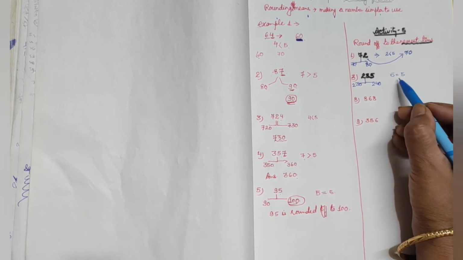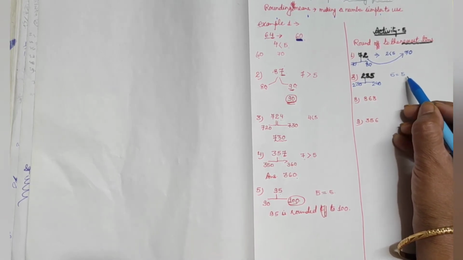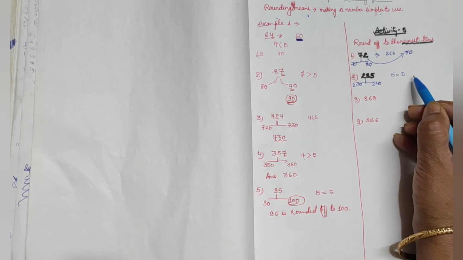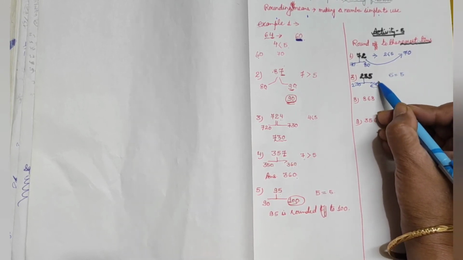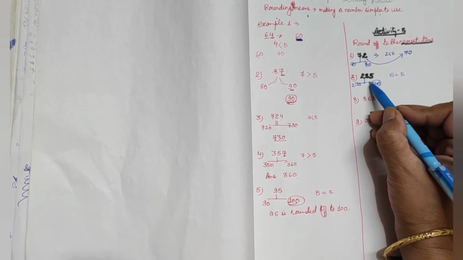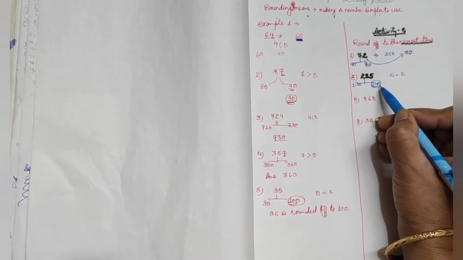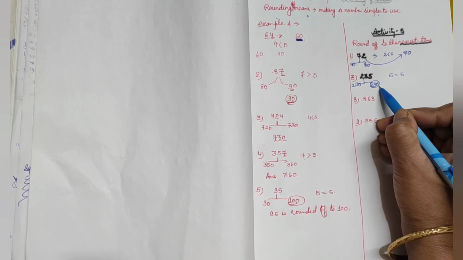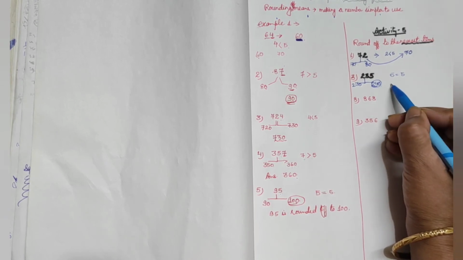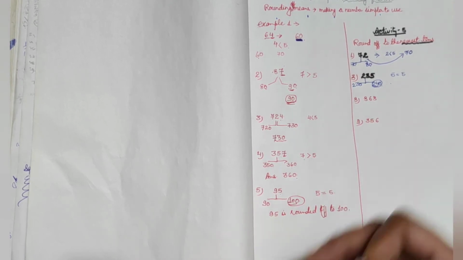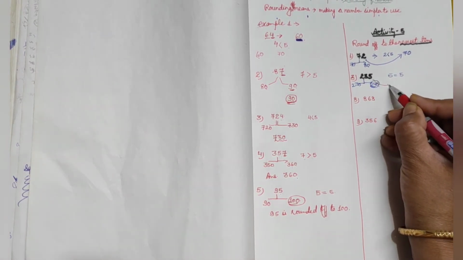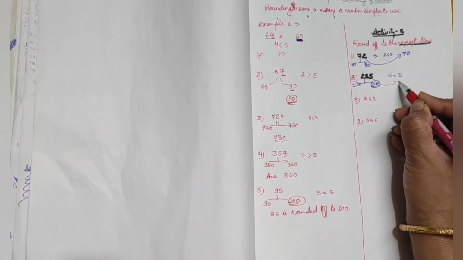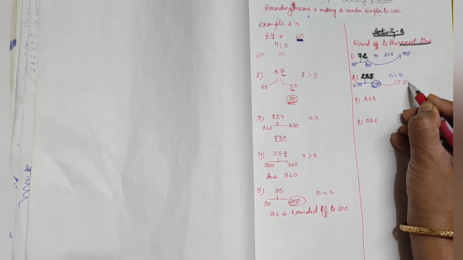And now according to the rule, if the digit at the ones place is 5 or more, we round off to the upper number. So the upper number is 240. 235 is rounded off to 240.